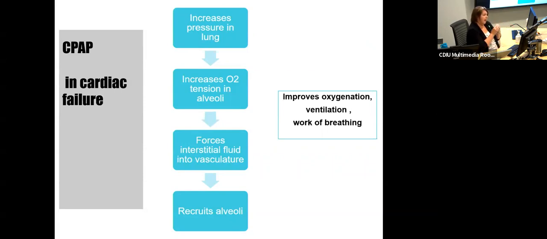And as you do this, you're going to get a progressive recruitment of your alveoli. The more alveoli you recruit, the more alveoli are available to oxygenate, and therefore you're going to improve your oxygenation and improve your ventilation and decrease your work of breathing. It's pretty simple.